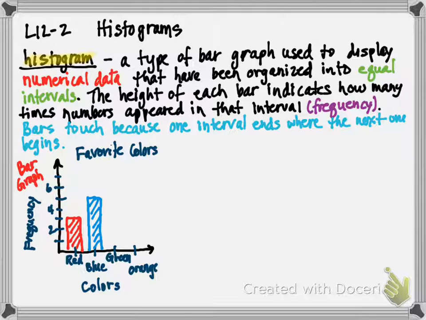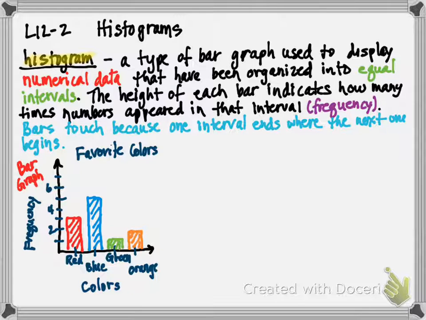Each one of these bars is going to be unique in that it doesn't touch the other one; red doesn't lead into blue, and so on. Green is 1, which is a shame. I think everybody looks good in green. And then orange is 2.